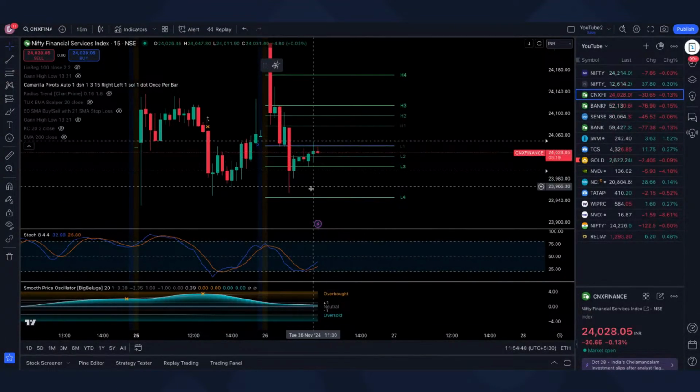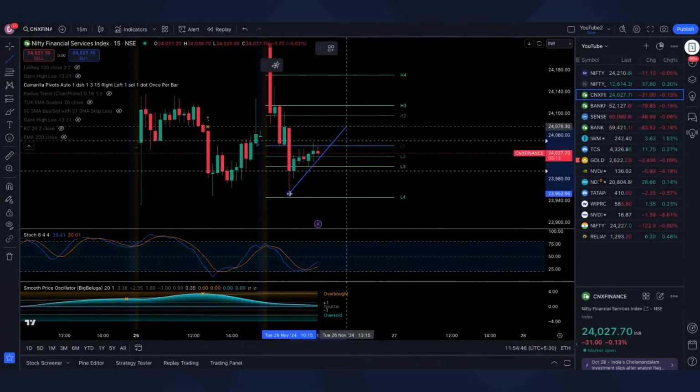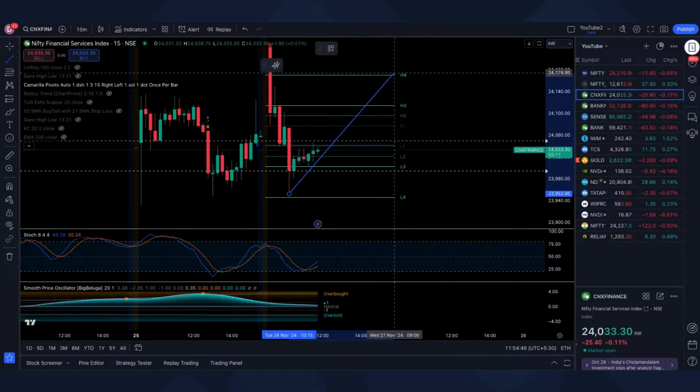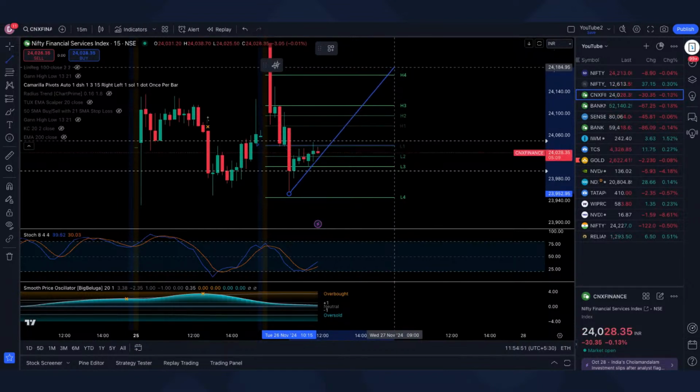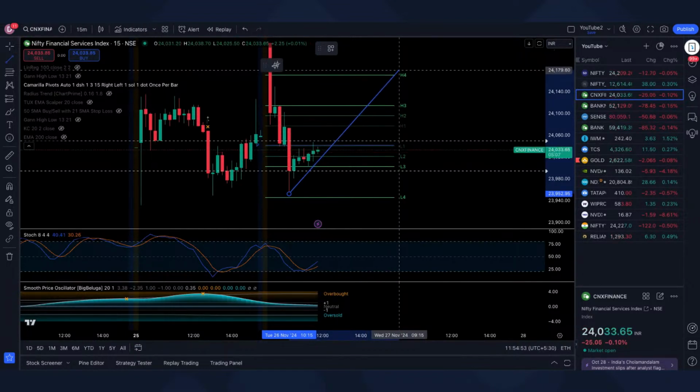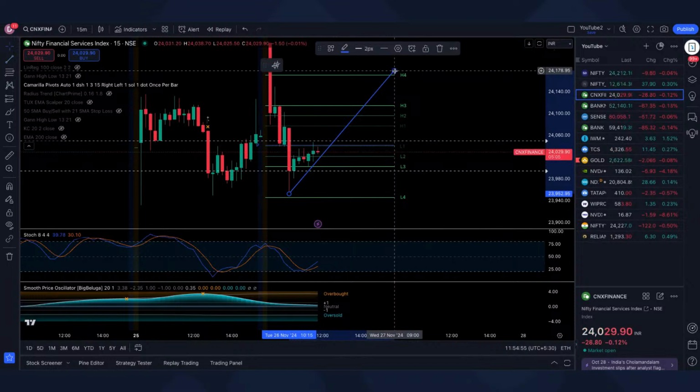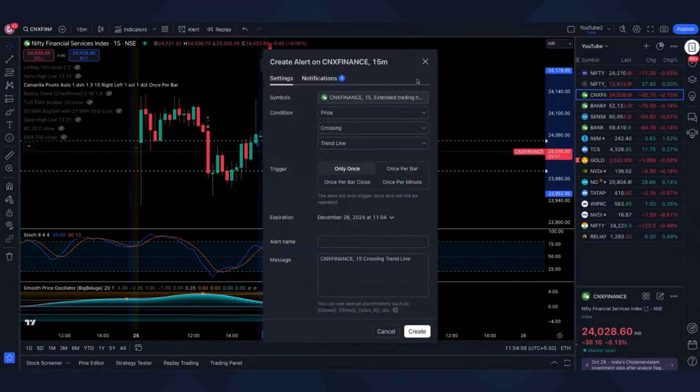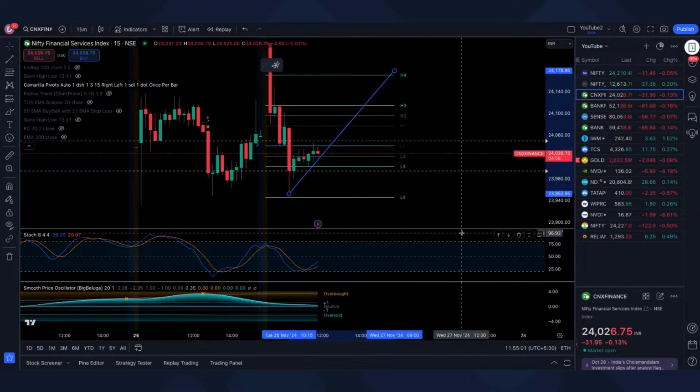After that, it started picking up. Let me draw one trend line here. I added an alert on the trend line also, in case this breaks, we'll have to see.